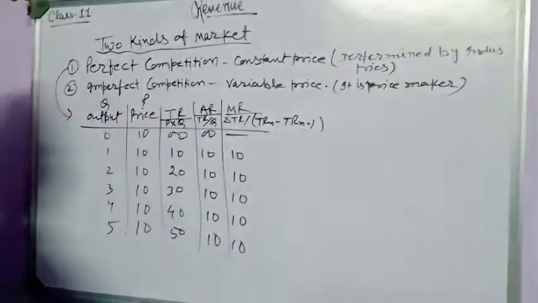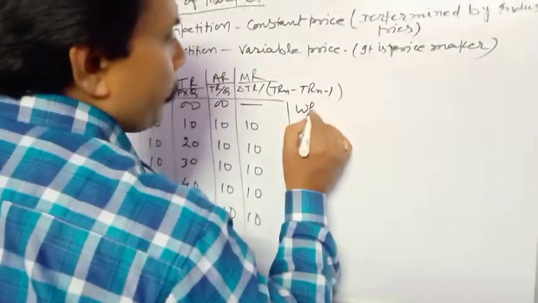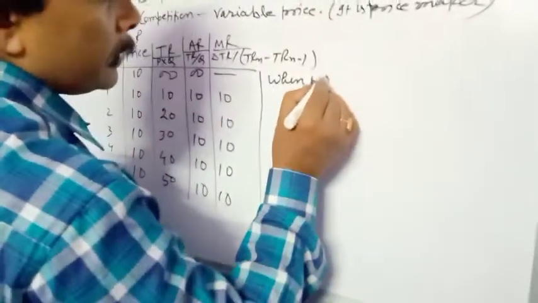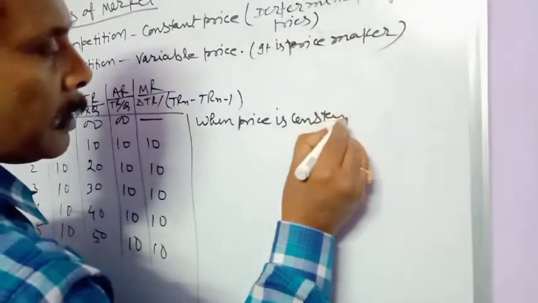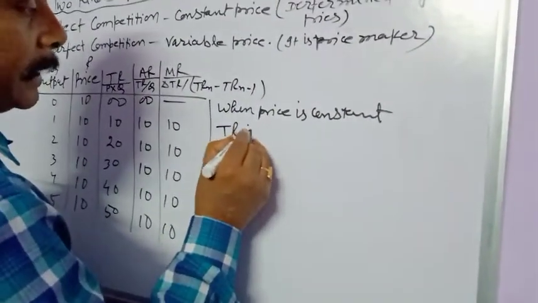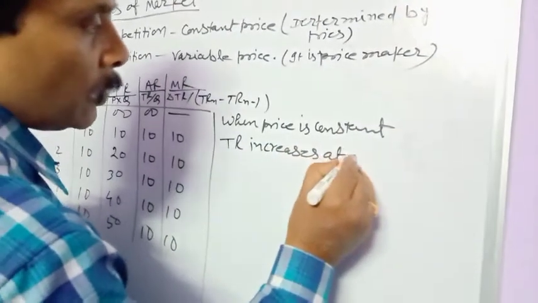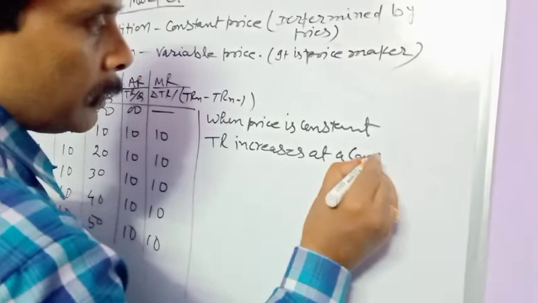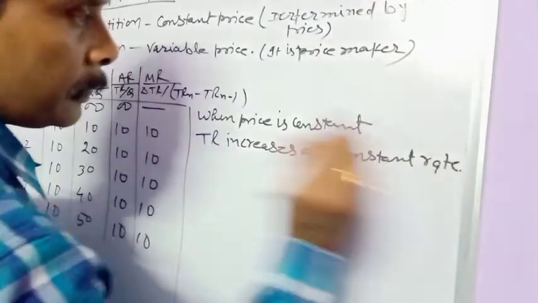So what do we find? We find that when price is constant, TR increases at a constant rate. Clear?